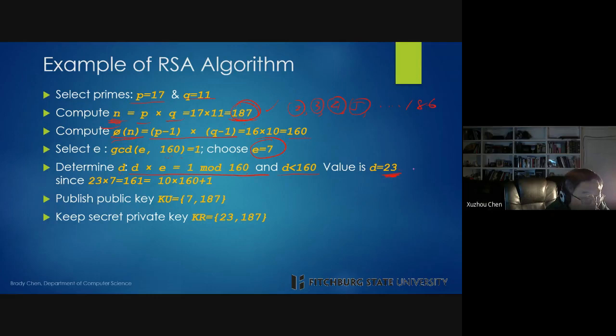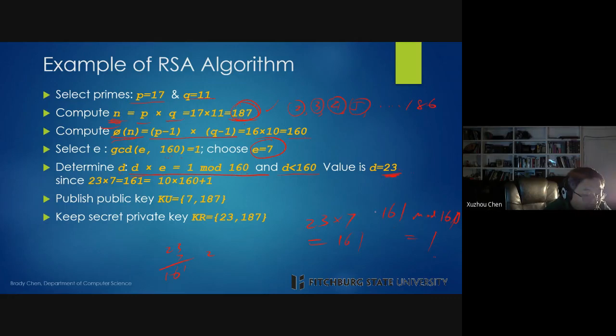Don't ask me how I get this number, but we can verify, right? 23 times 7, what is the number? 161, right? So 161 modulo 160, that's 1, right?